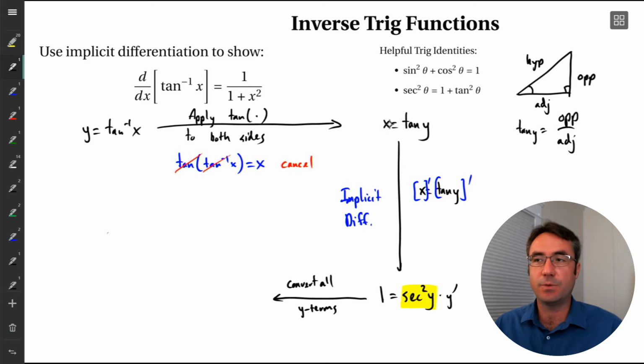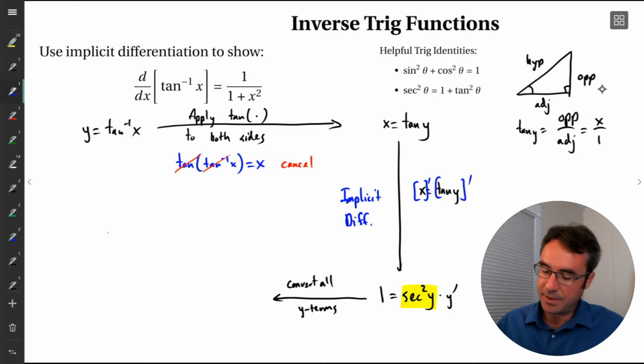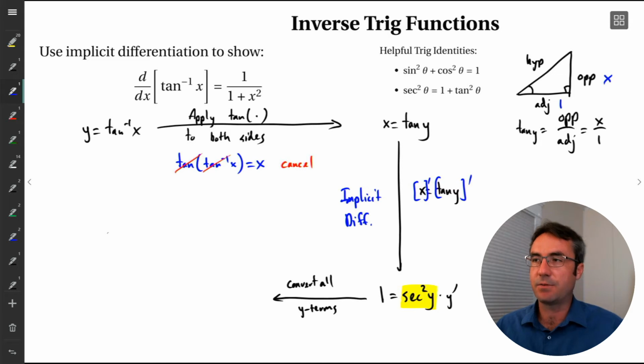We want to relate it to what we actually know. Tan of y is equal to x, so we can write that as x over 1. We know tangent of y is equal to x, so that means tangent of y is equal to x over 1. Then we just match up the fractions here. So the opposite side must have length x, and the adjacent side must have length 1.